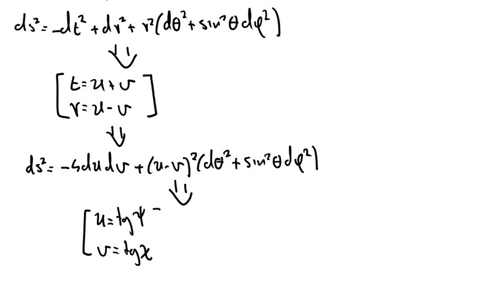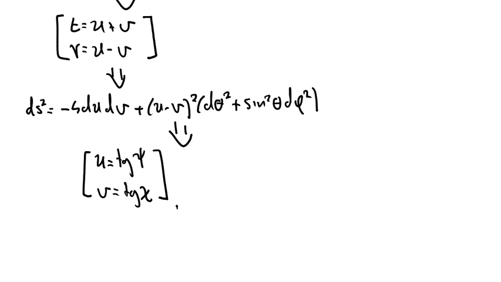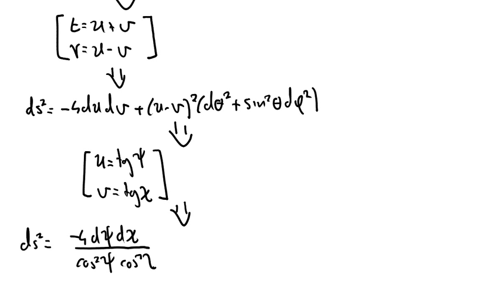Okay, now we go from UV coordinates to psi chi coordinates, right? And well, just another elementary manipulation. Okay.